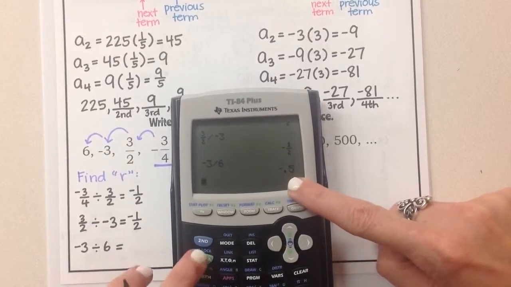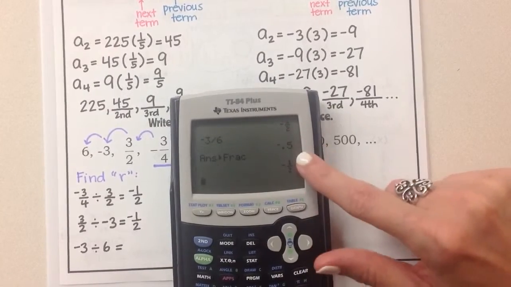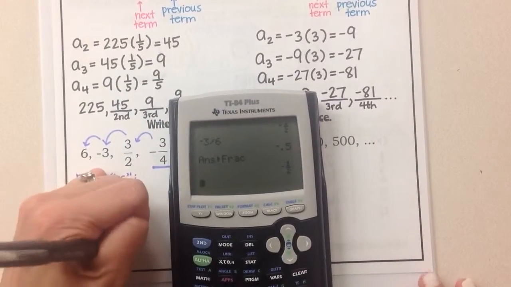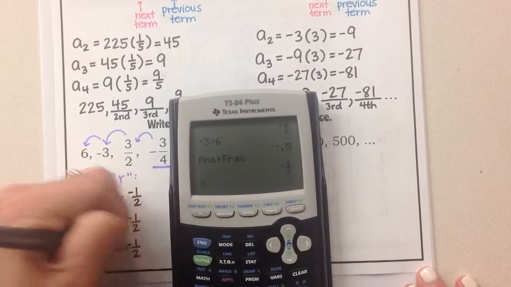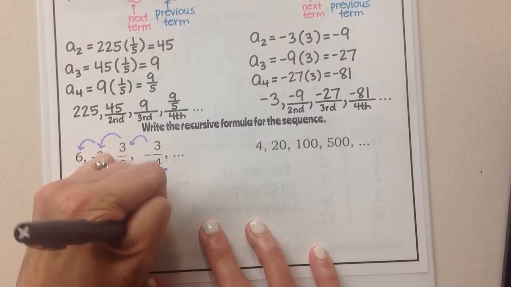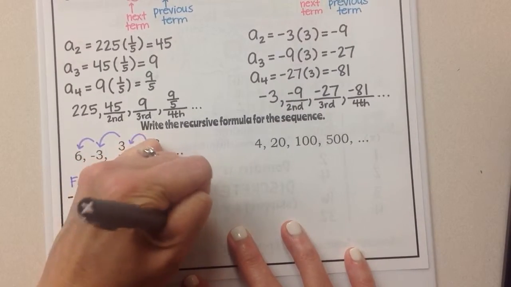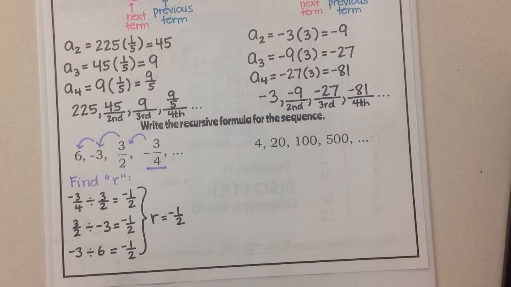And that gives me a decimal, so I want to make sure it's the right fraction. So I'm going to math 1. And -5/10 is the same as -1/2. So I do have a common ratio, and that common ratio is -1/2. So I now know what I'm going to plug in for R when I get ready to write my equation.